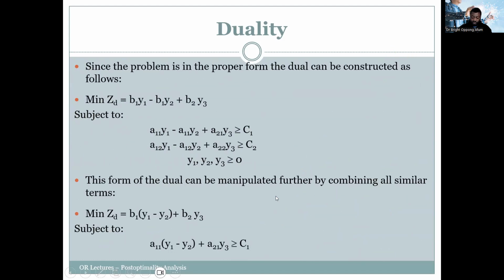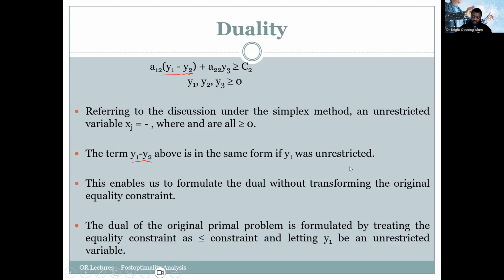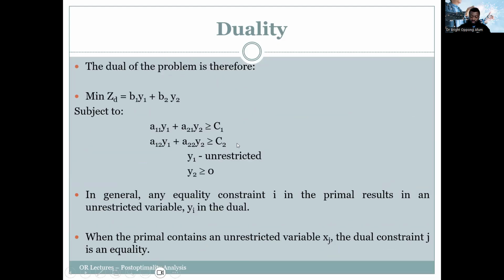We don't need to break them into two and say unrestricted. So the dual form of the original primal is formulated by treating the equality constraint as that and letting y1 be an unrestricted variable, right? So our final becomes minimize z and a11 that, and y1 is an unrestricted variable.